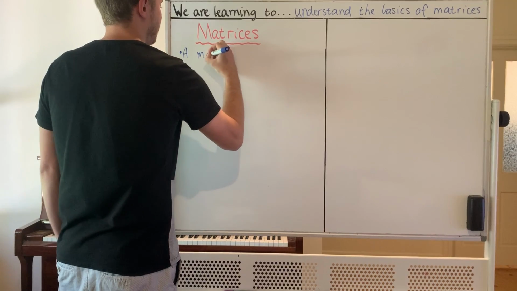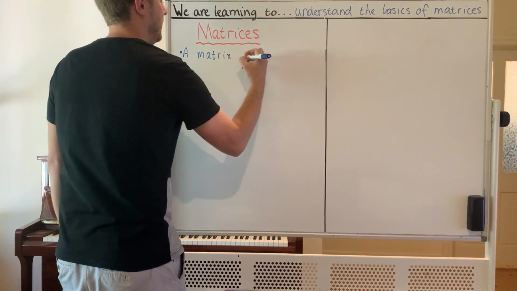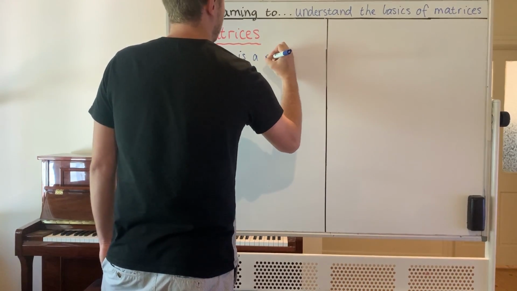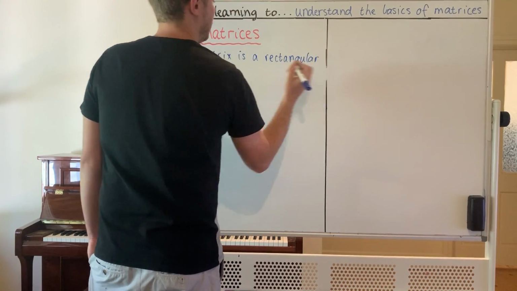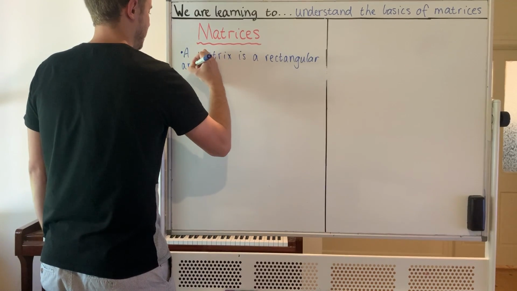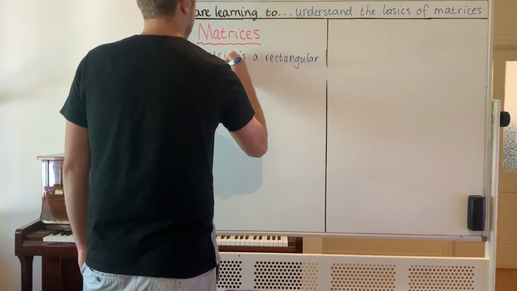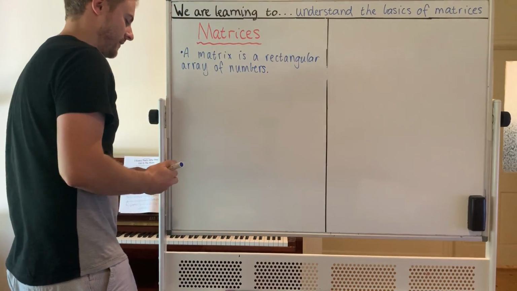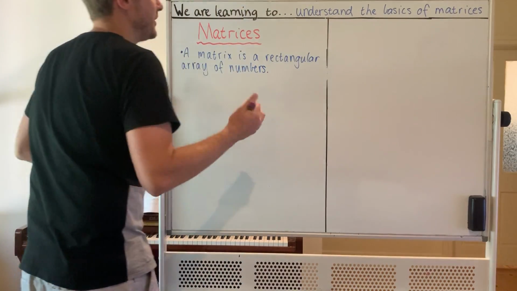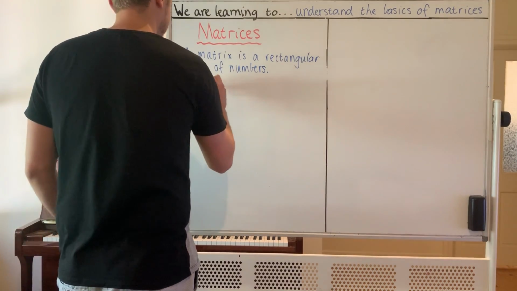So as I said, a matrix is a rectangular array of numbers. For an example, they're usually defined by a letter.